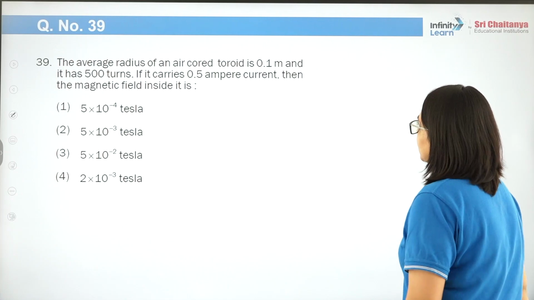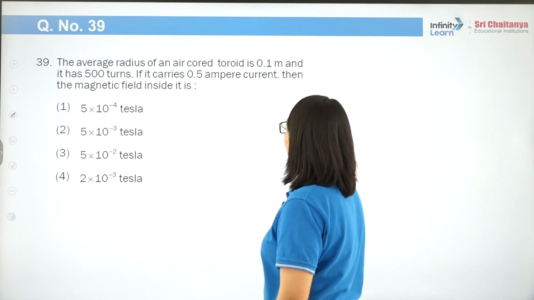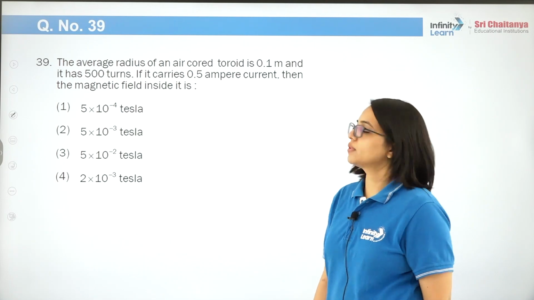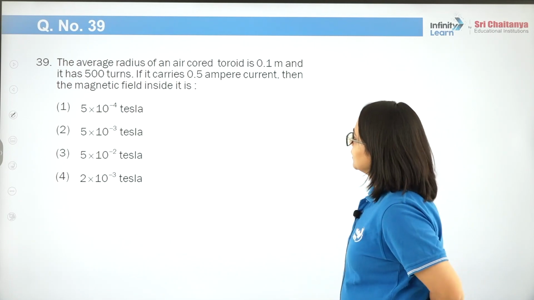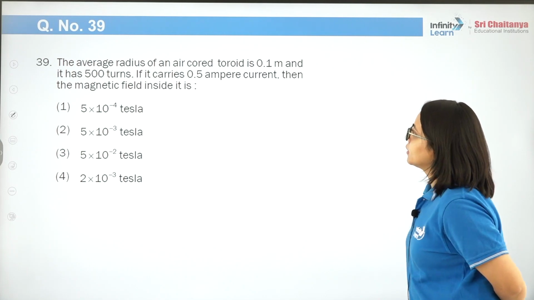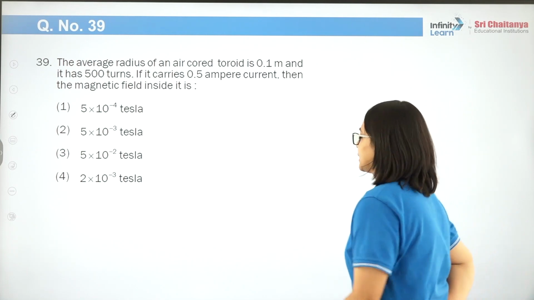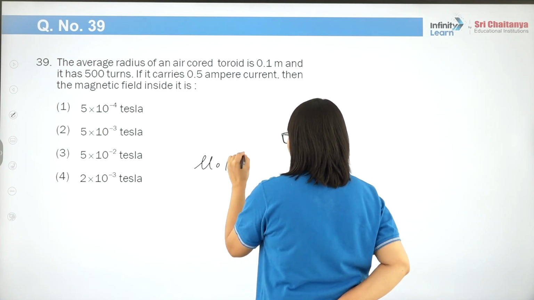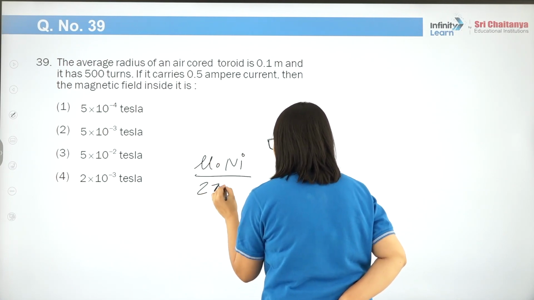Next is question number 39. The average radius of an air-cooled toroid is 0.1 meter and it has 500 turns. It carries 0.5 ampere current, then the magnetic field inside it is. So it is mu naught N I upon 2 pi r.